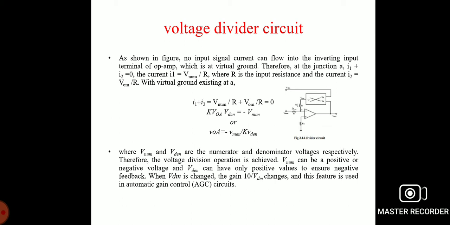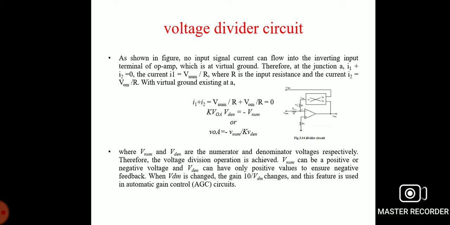The numerator voltage can be a positive or negative voltage, and the denominator voltage can have only positive values to ensure negative feedback. When the denominator voltage is changed, the gain, 10 divided by the denominator voltage, changes, and this feature is used in automatic gain controller circuits.